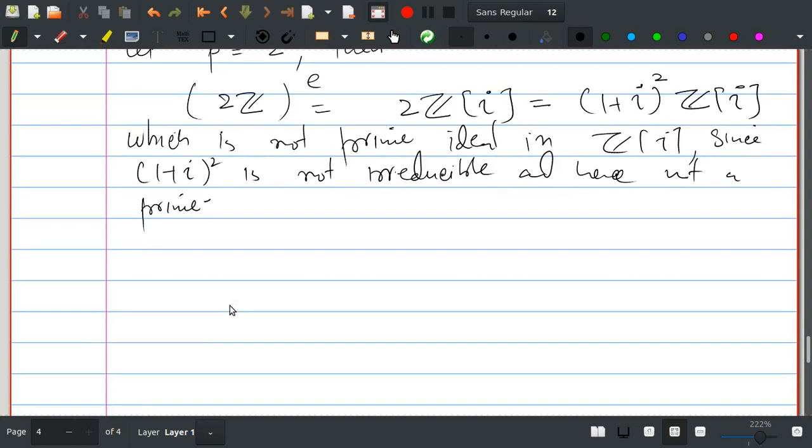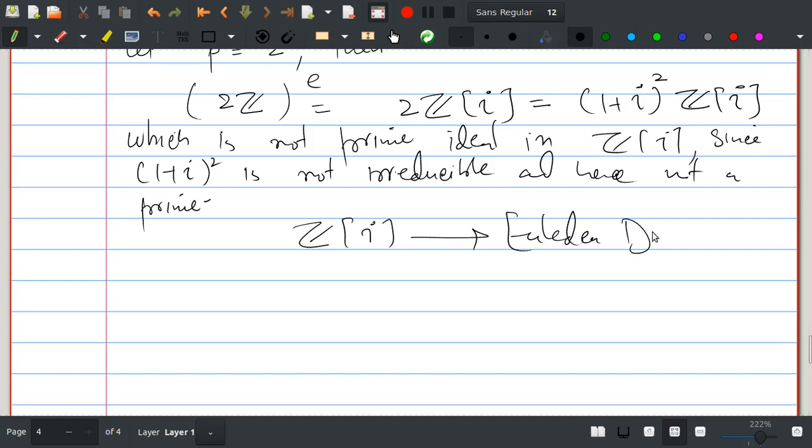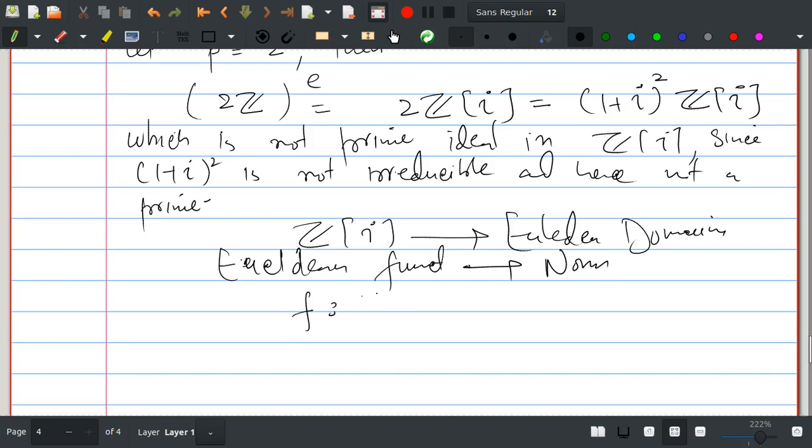So knowing that Z[i] is a Euclidean domain, we must have a function which we call the Euclidean function, or sometimes a norm, which is a function f from the ring of Gaussian integers to the non-negative integers.